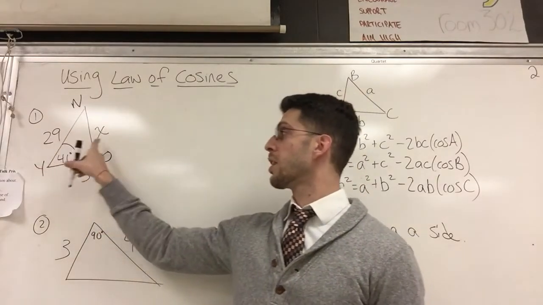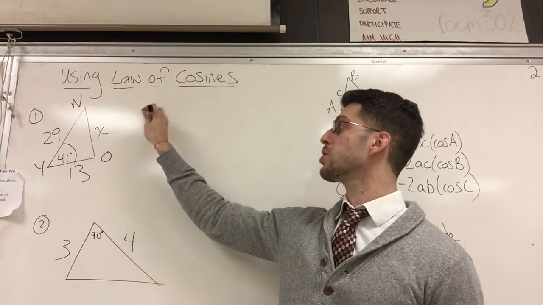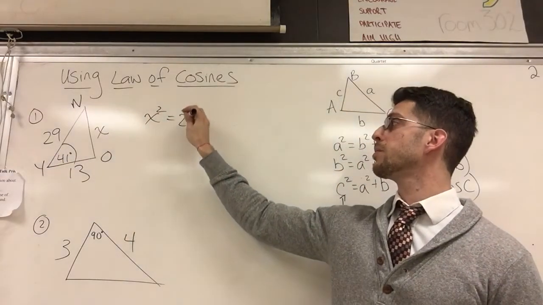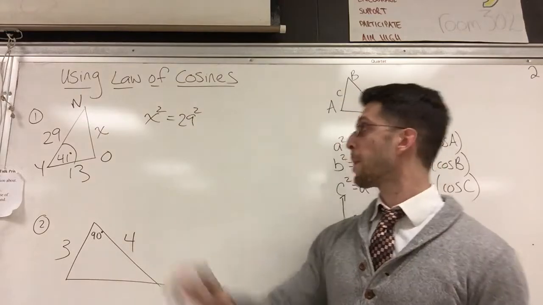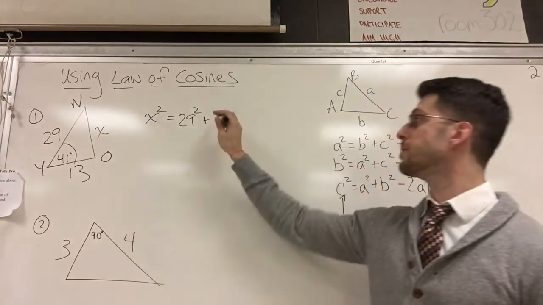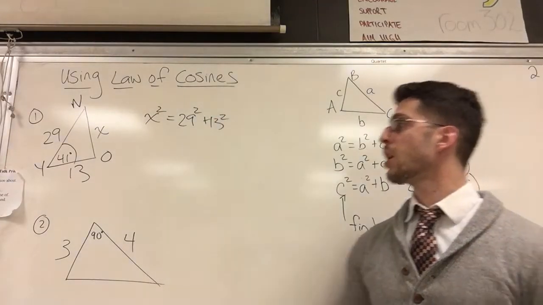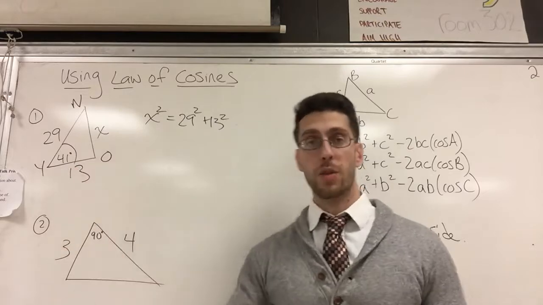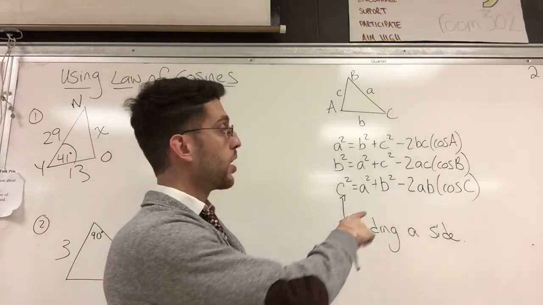It's the unknown side squared equals 29 squared plus 13 squared. What? Minus, right? If you're not sure, just go back over there.